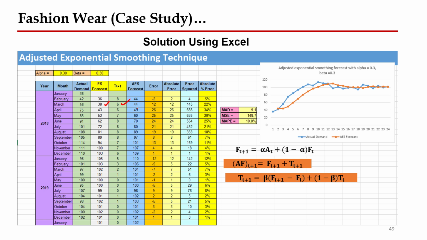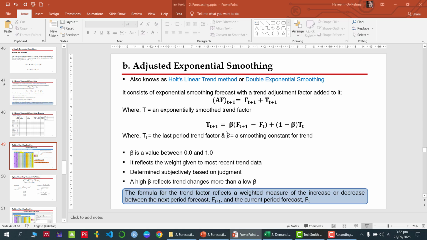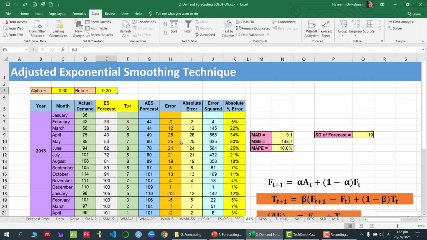Now the question is how we are going to apply this method using Excel. So let me go to Excel. Right now I am using alpha and beta equal to 0.3.